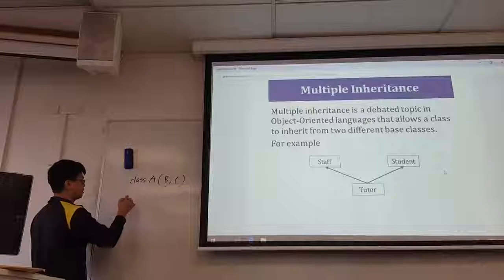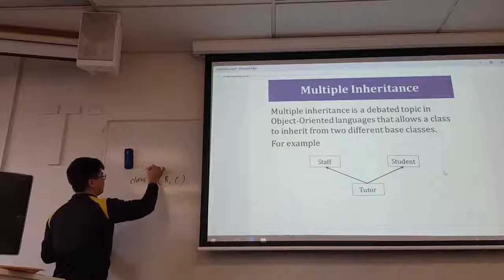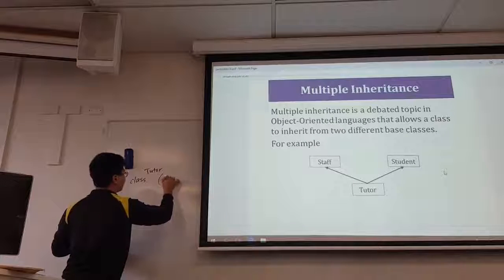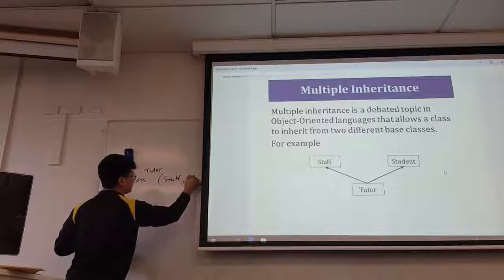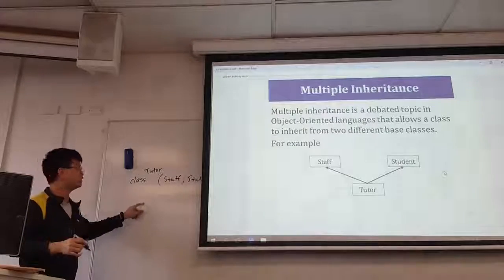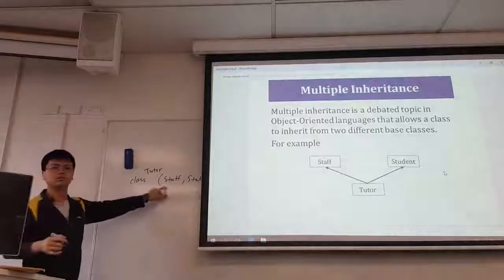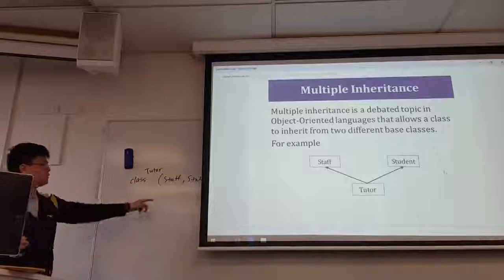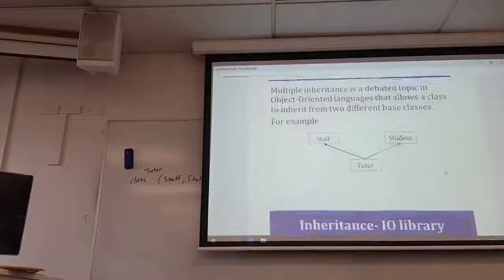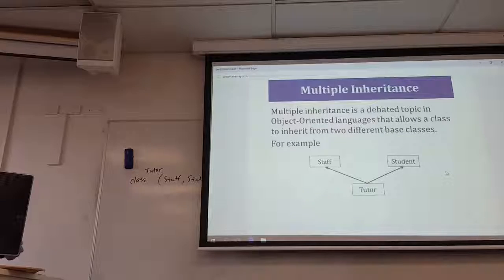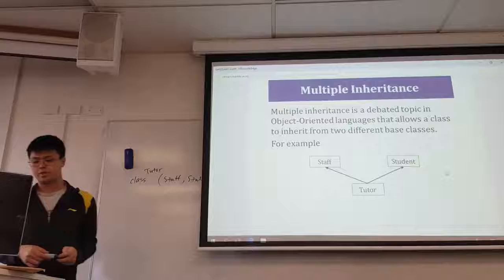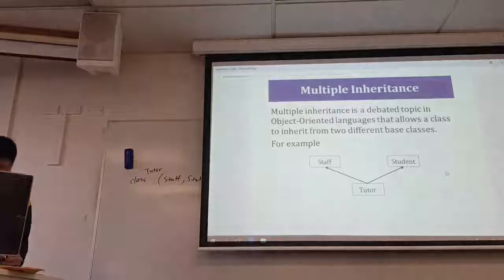So if I implement tutor to be a derived class of both staff and student, when I call tutor.goToSchool, the function in staff will be called. But in C++, there is no such thing. And if you have two functions with the same name in two classes, you might not be able to compile. So be careful.